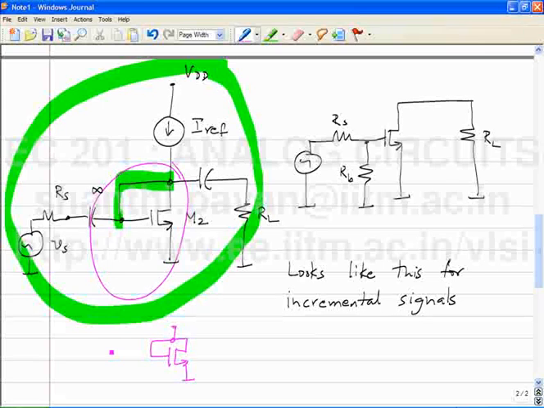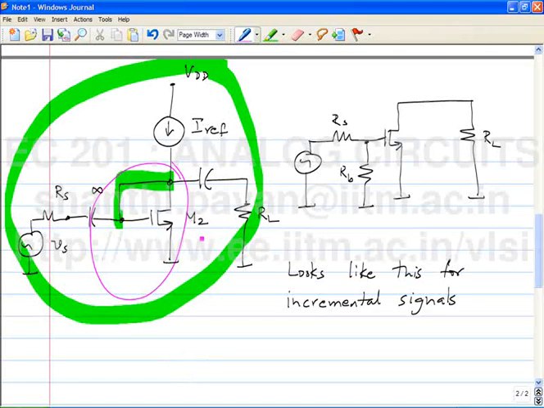We saw this in the context of the bias circuit yesterday. So M2 for incremental signals behaves like a resistor of value 1 over Gm between the drain and ground. So not only do you have RL, but you have 1 over Gm in parallel with RL. So the incremental gain is RL parallel 1 over Gm divided by RL parallel 1 over Gm plus RS.